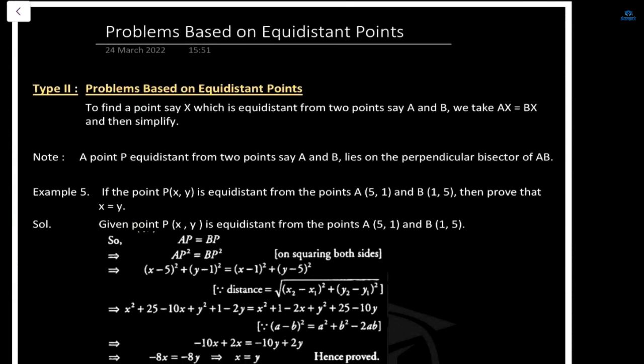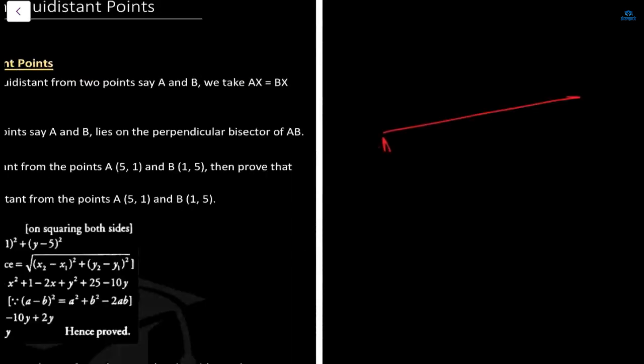Next, problems based on equidistant points. You need to check whether the points are equidistant or not, or it may be given that you need to find a missing point that is equidistant. Equidistant means if there are two points A and B, and X is a point equidistant from A and B, it can be here also, it can be here also.